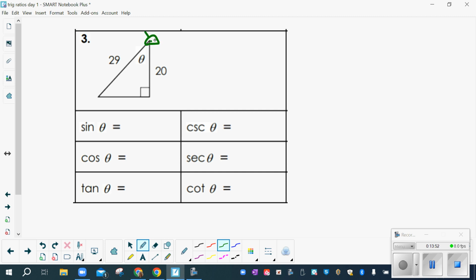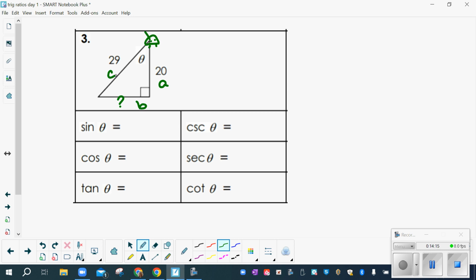We're going to figure out our stuff, but there's a problem. And the problem is this. We are missing a side. We're missing a side. So guess what? I don't know. Pythagorean theorem. You got to do a squared plus b squared equals c squared. Do I care which one is a and b? I don't.